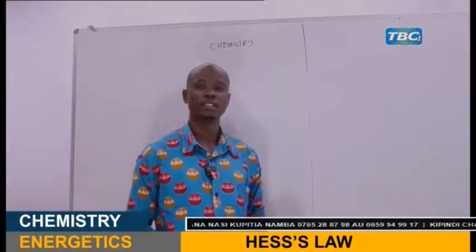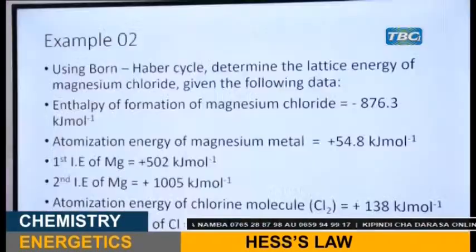Now, my dear students, welcome to the second example. The second example says: using the Born-Haber cycle, determine the lattice energy of magnesium chloride, given the following data. The first data, the enthalpy of formation of magnesium chloride is negative 876.3 kilojoules per mole.